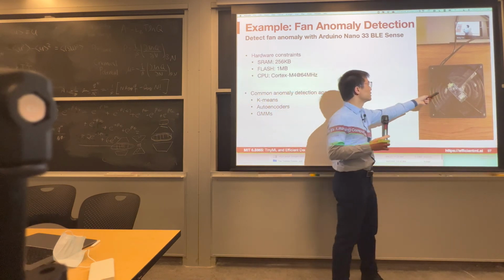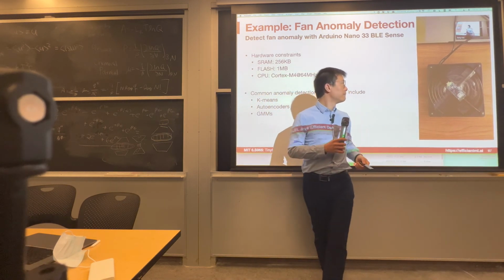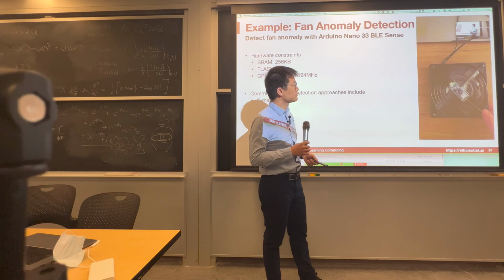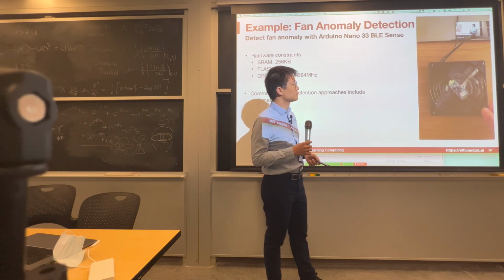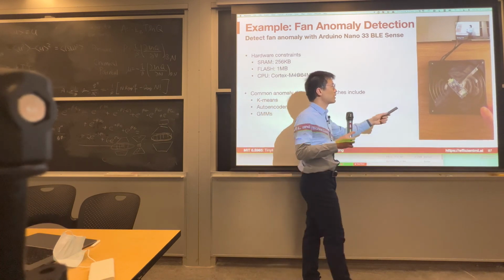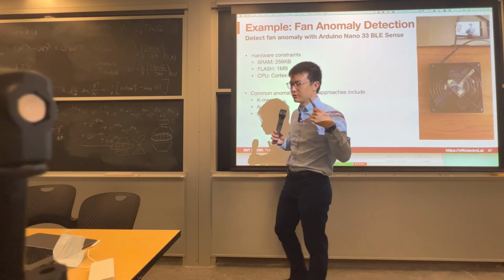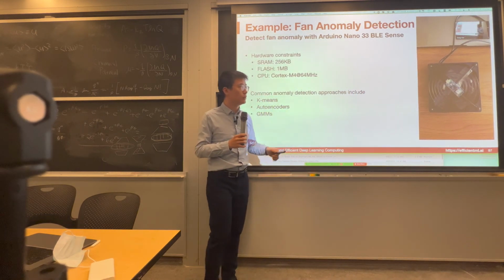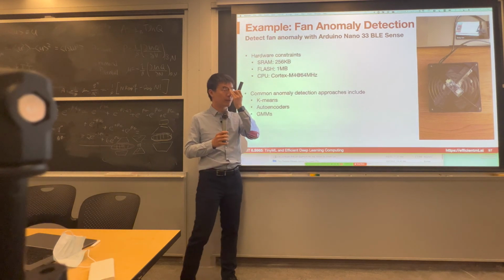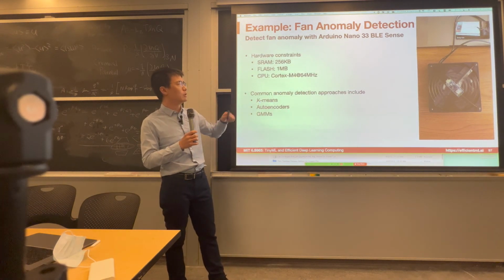So the yellow light turns on again. This microcontroller has an accelerometer attached to it. So if you rotate it, if you poke it, it will be classified as abnormal, right?